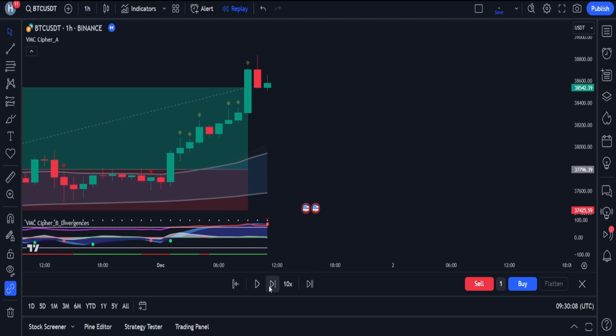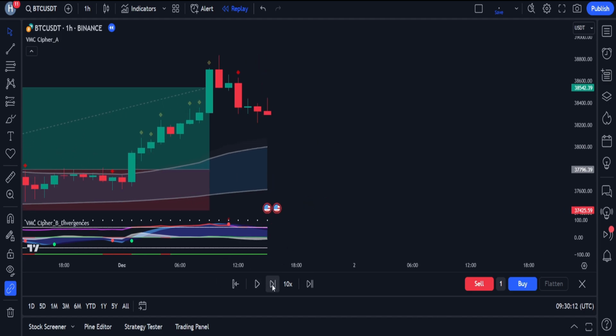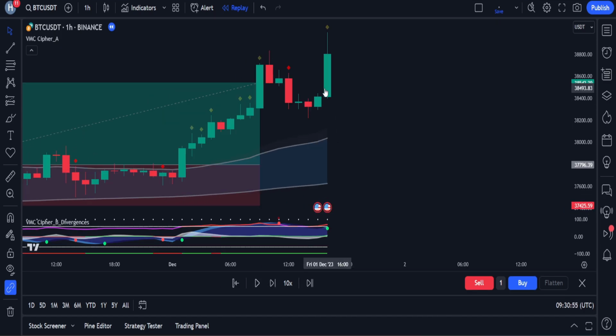Let's take a look at one more buy trade example so that you guys can understand the complete rules in detail. Here we can see the 50 EMA is above the 200 EMA, and the price action is trading above the 50 EMA. After that, we will wait for the price to pull back closer to the 50 EMA. And during this process, down here, we will also wait for the light blue wave to change into dark blue color, printing a green dot that indicates a buy signal.